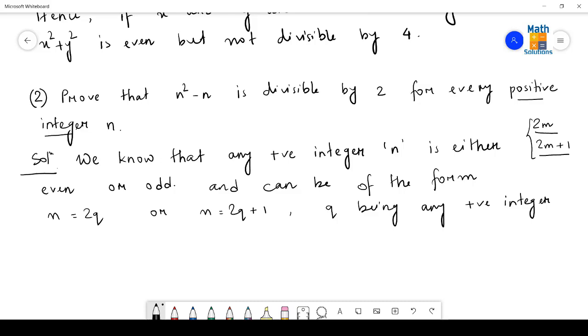I'm writing positive integer here because in this case we are dealing only with positive integers. That is why q has to be positive to get the value of n as positive.